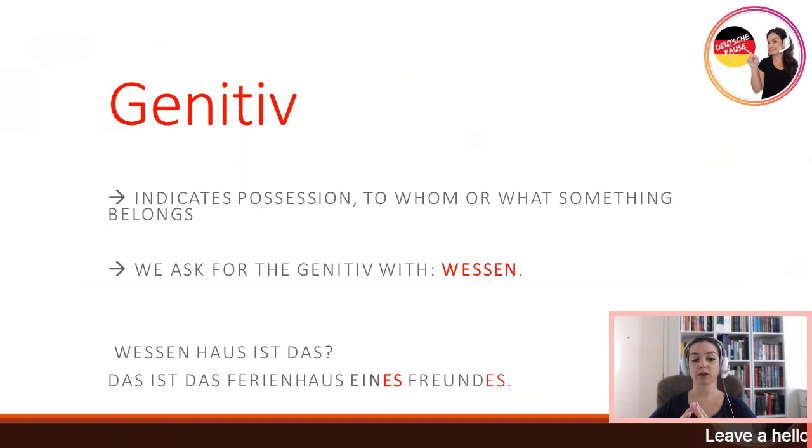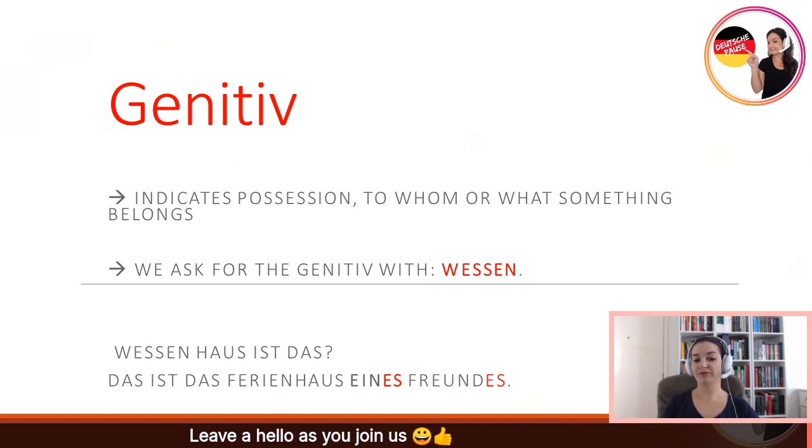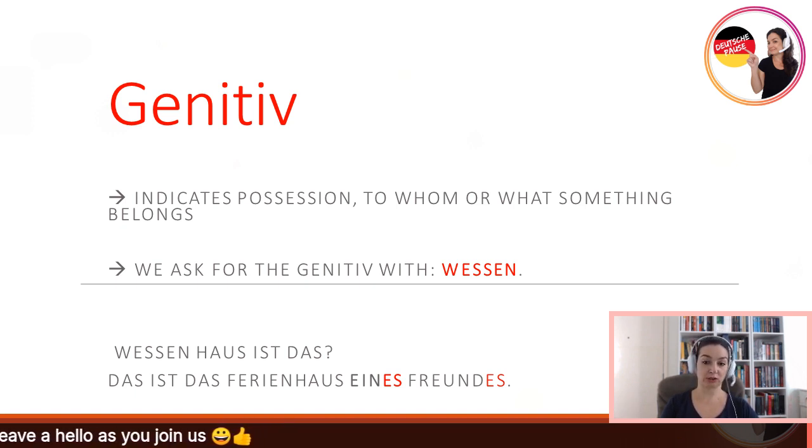So let's remember again: genitive indicates possession. And if we want to ask whose from English, in German we say wessen. So wessen Haus ist das? Whose house is this? This is the vacation home of a friend, eines Freundes.